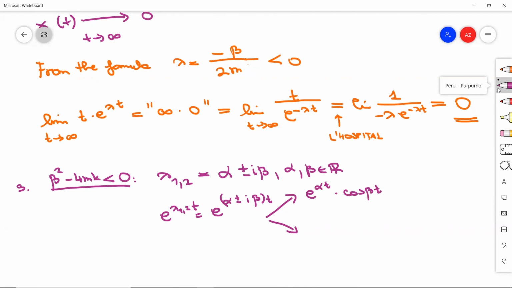This is the real part, and the imaginary part is e to alpha t times sine beta t. So these are two solutions, x1 and x2.